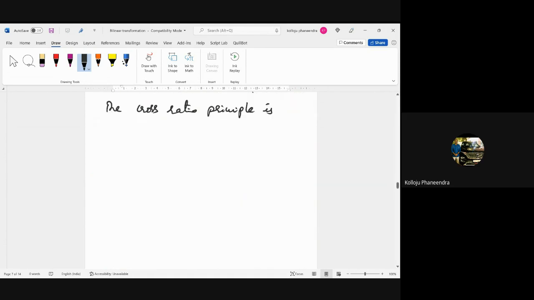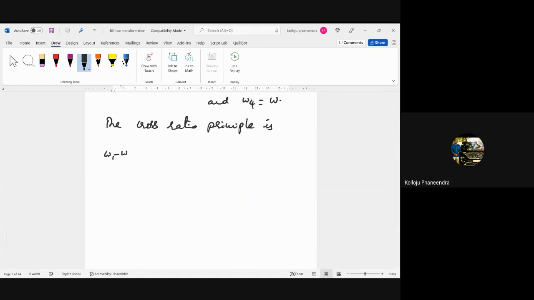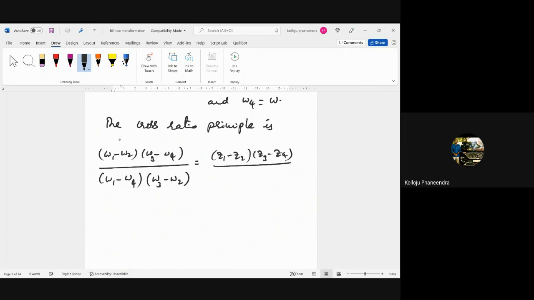So the cross ratio principle is W1 minus W2, W3 minus W4, by W1, and here I interchange W2 and W4, W3 minus W2. Just replace W by Z: Z3 minus Z4 by Z1 minus Z4, Z3 minus Z2.